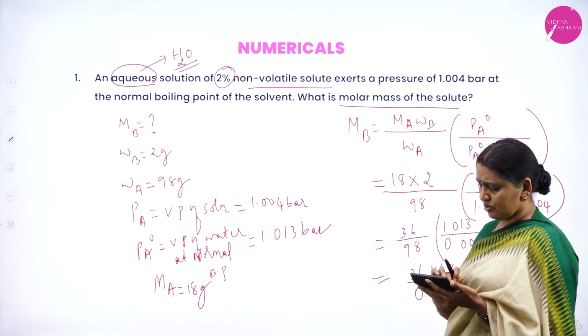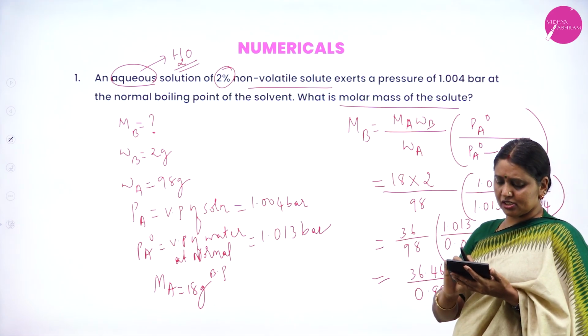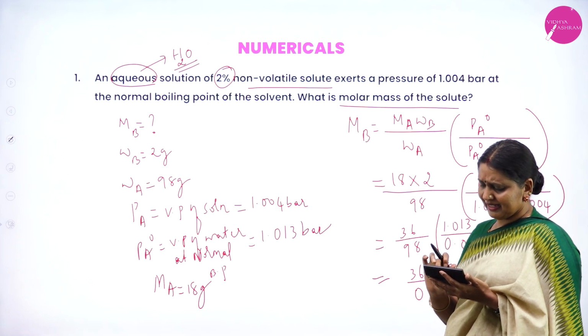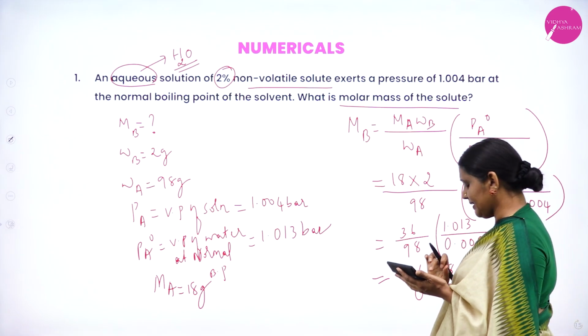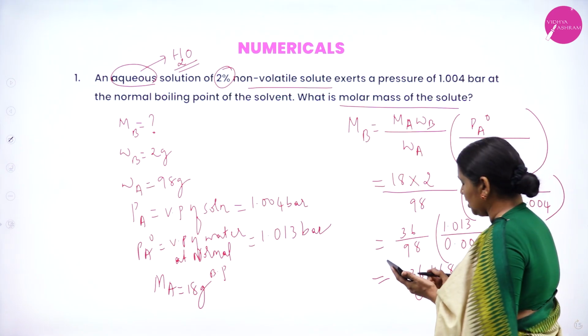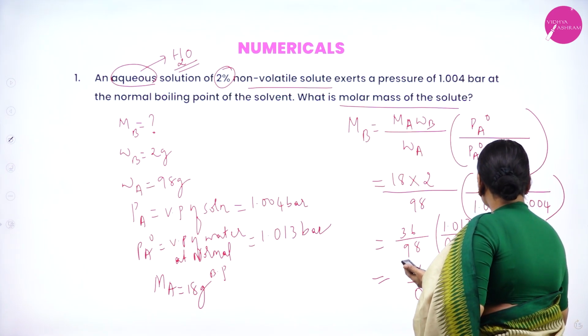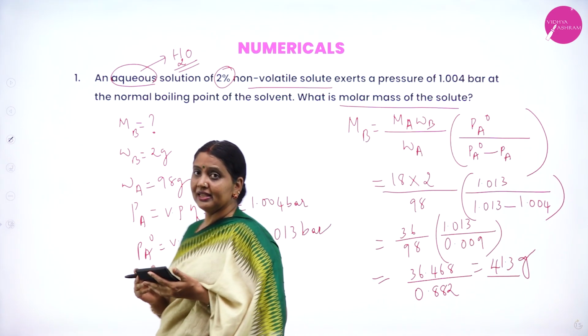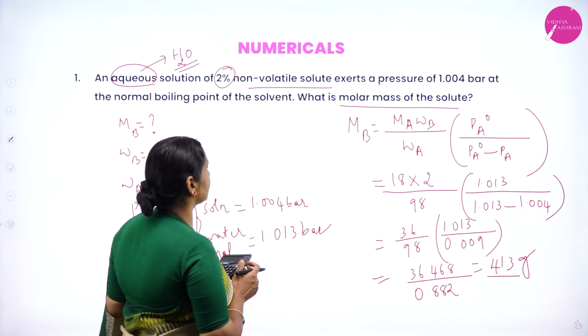Now 36.468 divided by 0.882 is equal to 41.3 gram. 41.3 gram. This is the molecular mass of the solute.